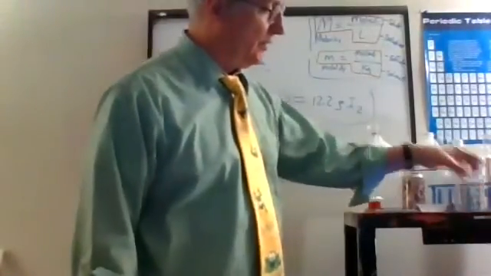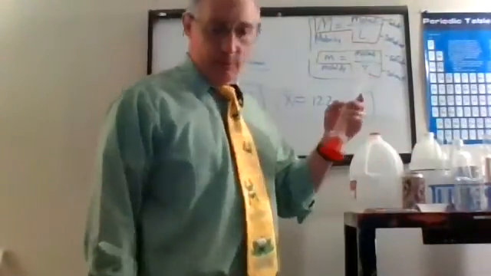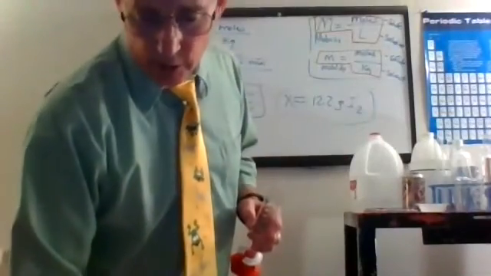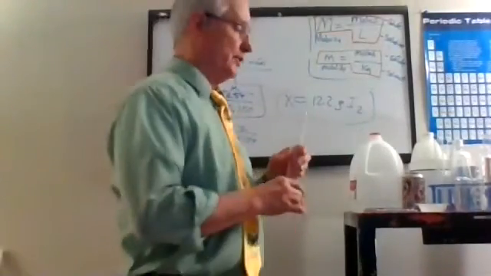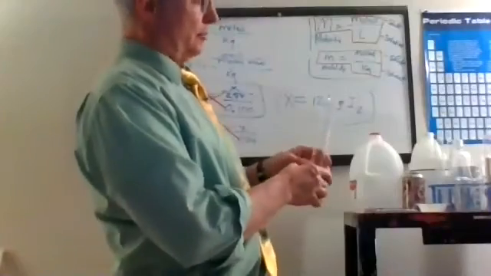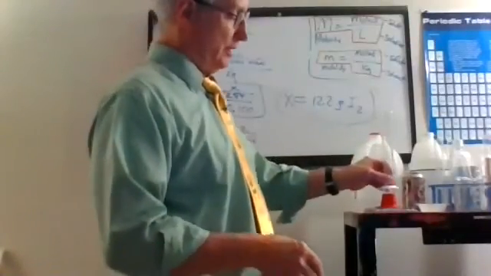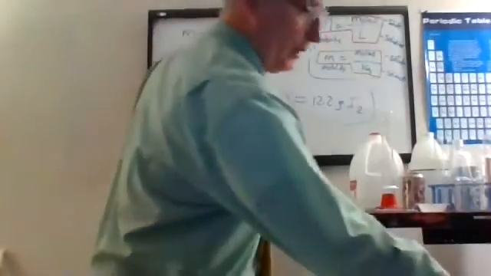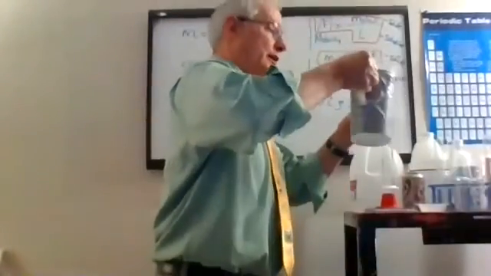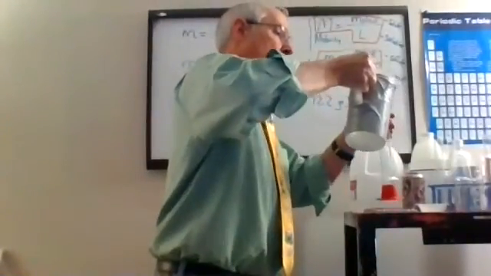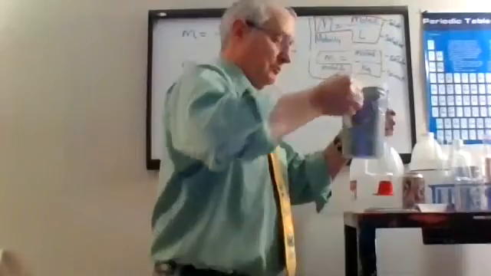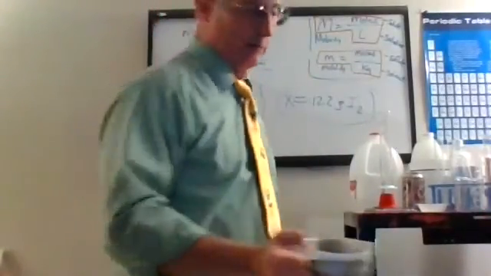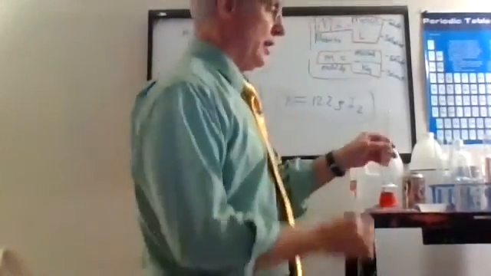We set it aside, and then we measure out 100 grams of carbon tetrachloride for this particular problem. So we set this on here, and we press tare, and then we pour the carbon tetrachloride in there until it says 100 grams.